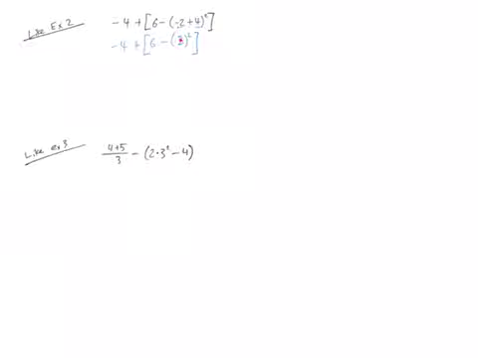So I'm going to do that exponent first. It's going to be negative 4 plus 6 minus, 2 squared is going to be 4. So negative 4 plus 6 minus 4 is 2. So this is going to be negative 4 plus 2, which is going to give me negative 2. That's my answer there.